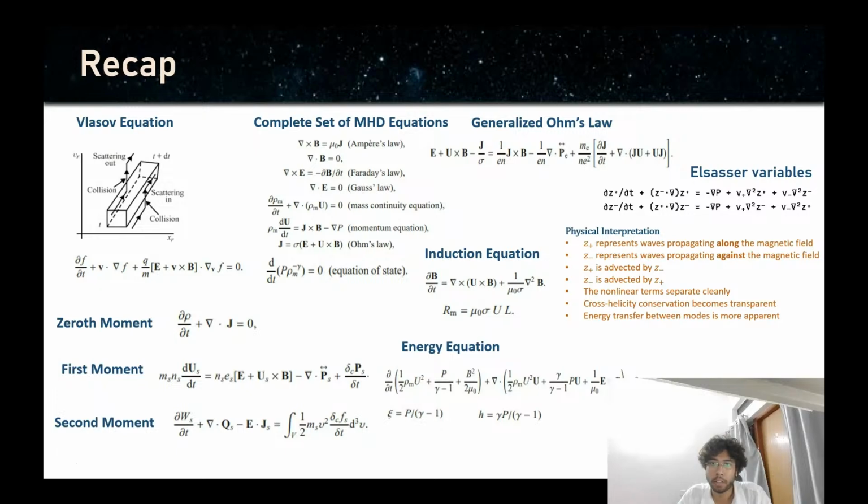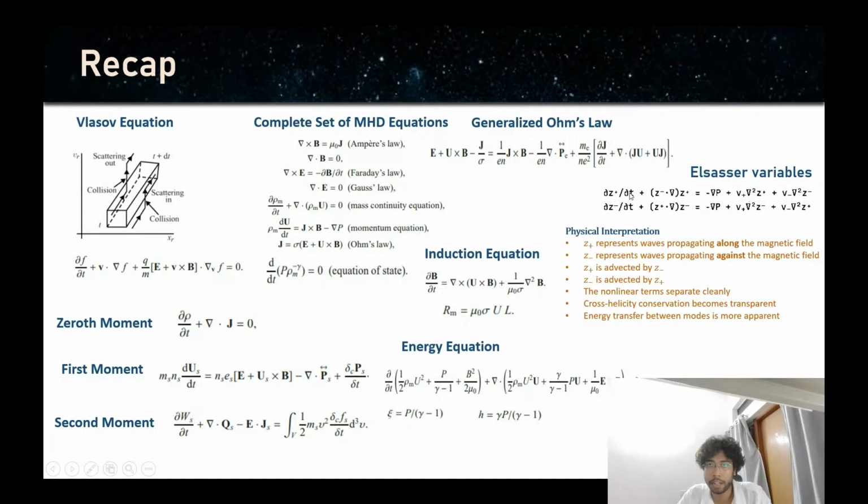Well, after that, we transformed this momentum equation. We just did a change of variables, where we replaced the velocity V and the magnetic field B in terms of Z plus and Z minus, and we derived this equation from the momentum equation.